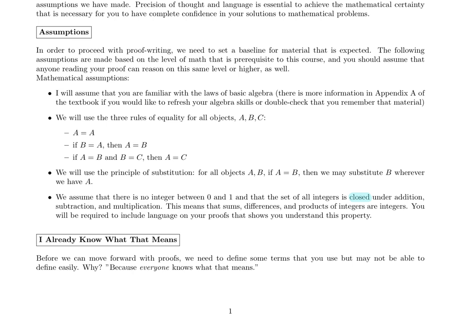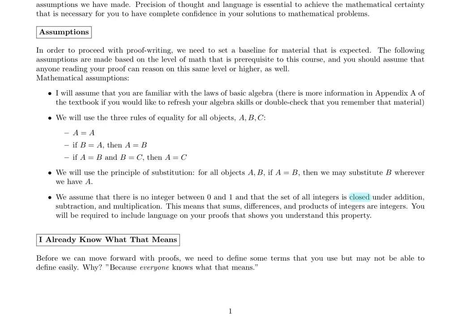So if we're talking integers, if I add 2 integers, subtract 2 integers, or multiply 2 integers, my result is still going to be the data type integer. Same thing is going to hold true for rational numbers. Rational numbers are fractions. They are closed under addition, subtraction, and multiplication as well, because the sum of 2 fractions is still a fraction, the product of 2 fractions is still a fraction, and the difference of 2 fractions is still a fraction.